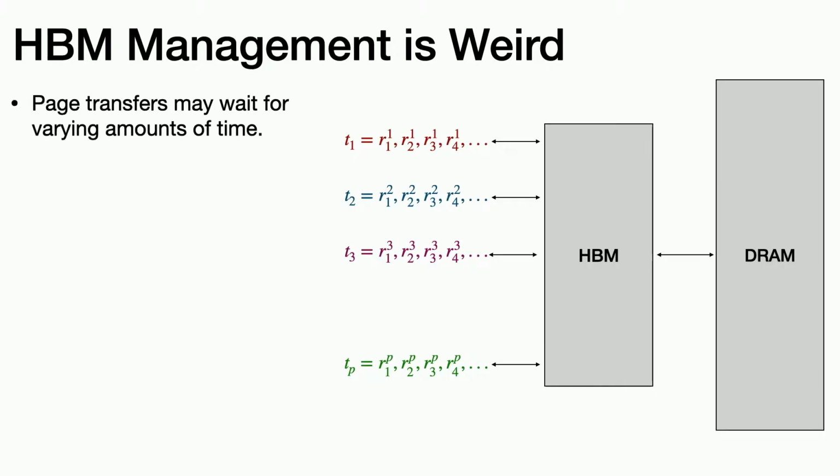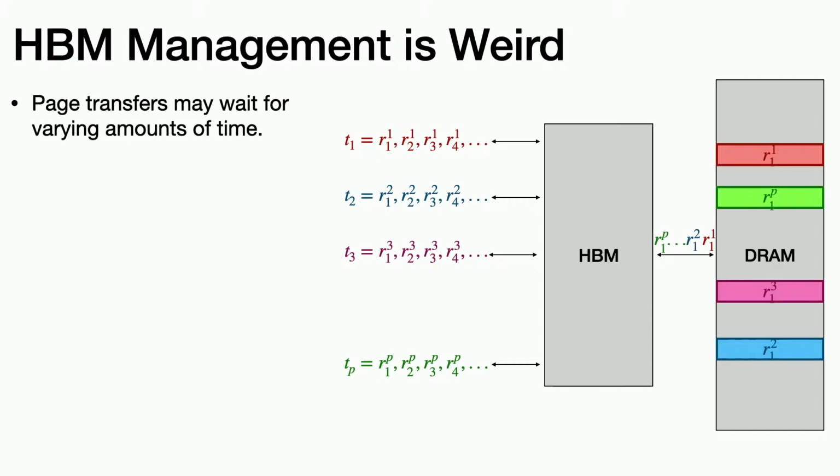The thing is, HBM management is a little bit weird. The reason it's weird is that page transfers take different amounts of time based on other page transfers that are happening. Imagine that all of these threads start executing. HBM doesn't have any of their pages, so they all start waiting on getting the page.